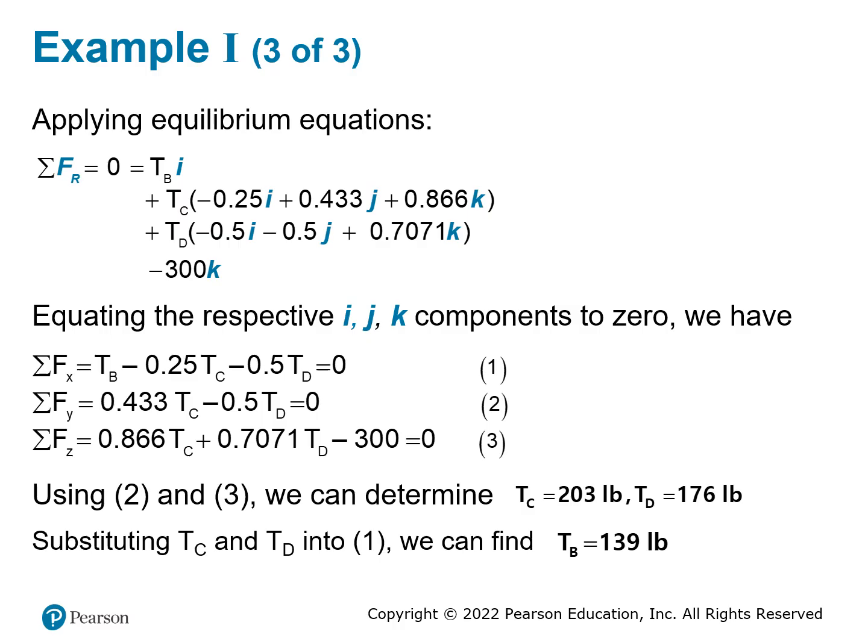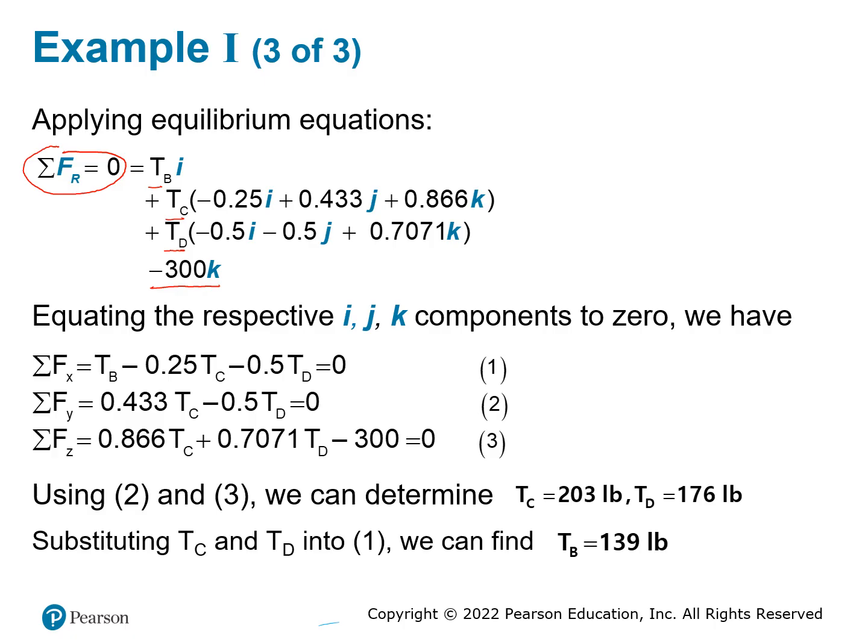So now we are ready to use the equilibrium equation. The equilibrium equation tells us the net force is equal to 0, and the net force includes the force of B, the force of C, the force of D, and also the load, which is negative 300k.